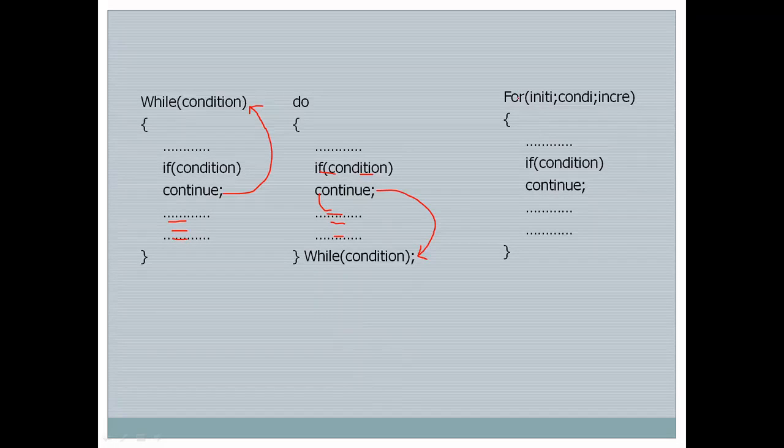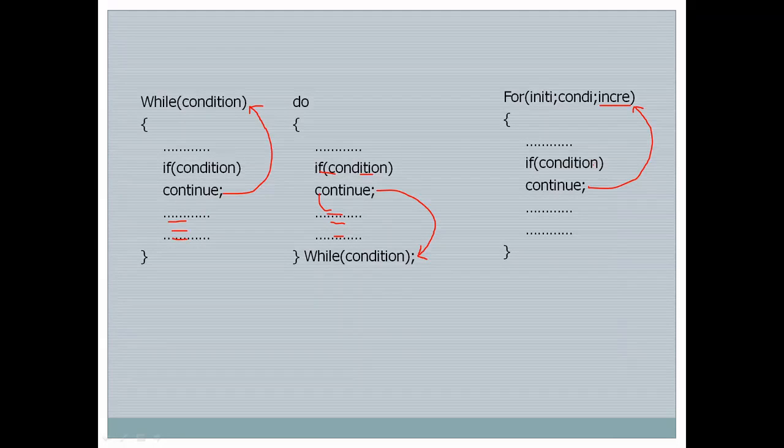Now in case of a for loop, when you execute a continue statement, the control is transferred to the update section, or the increment decrement section, of the for loop. This is our increment decrement section in a for loop.